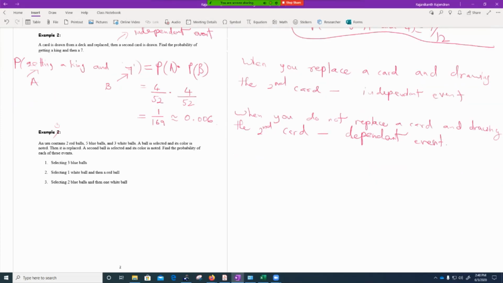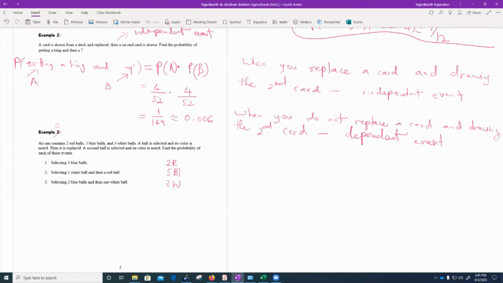Okay, let's look at example 3. An urn contains two red balls, five blue balls, and three white balls. So there are two reds, five blues, and let me call BL as blues, and three white.